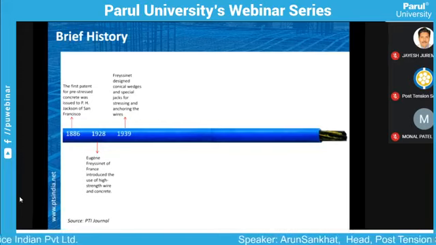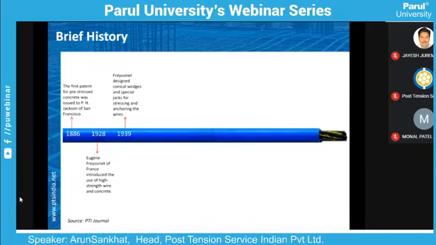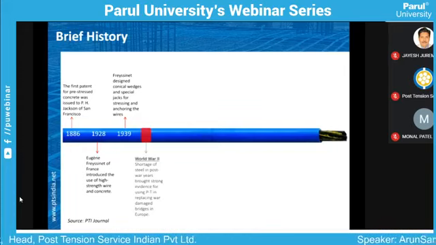Then in 1939, the same person developed the wedges and special jacks for stressing. These are the key developments.